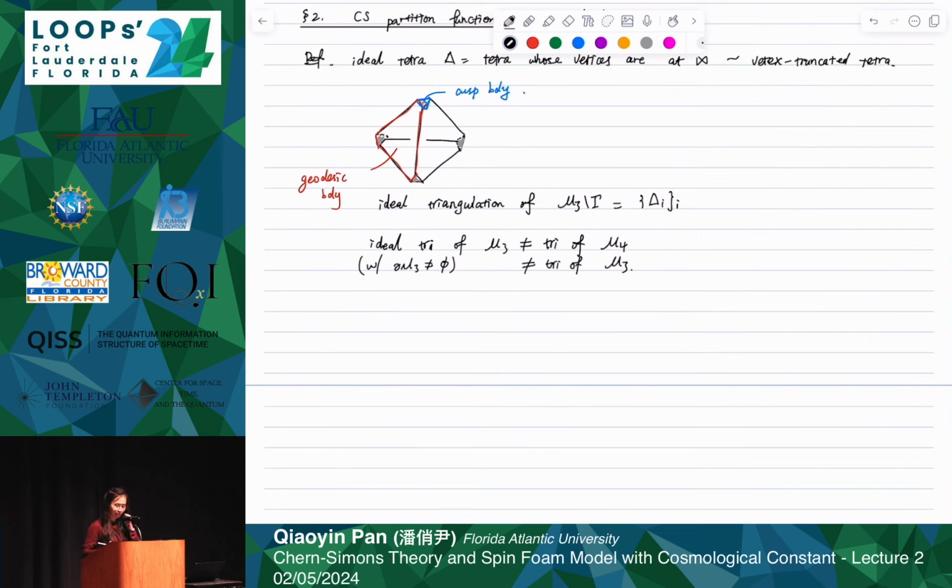Now, in our example, we want to do the ideal triangulation of our 3-manifold, which is the gamma-5 graph complement of a 3-sphere. It's hard to tell you how to get the result, but let me just tell you the result. The ideal triangulation of this 3-manifold is a collection of several ideal tetrahedra, and it can be decomposed into 20 ideal tetrahedra.